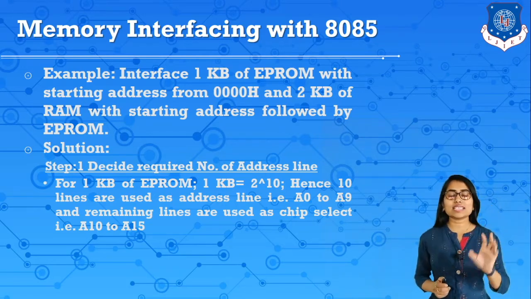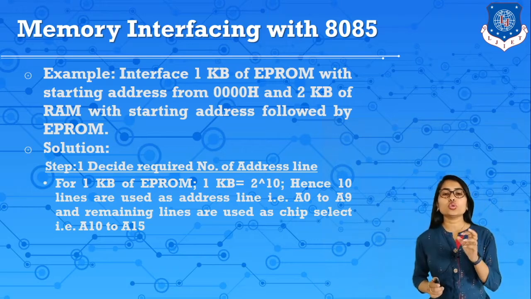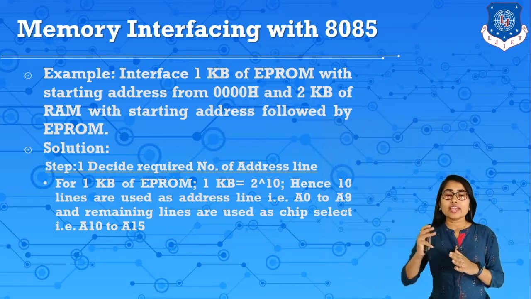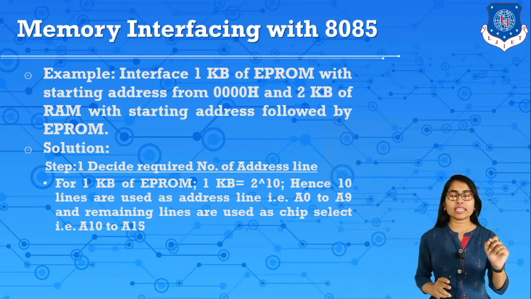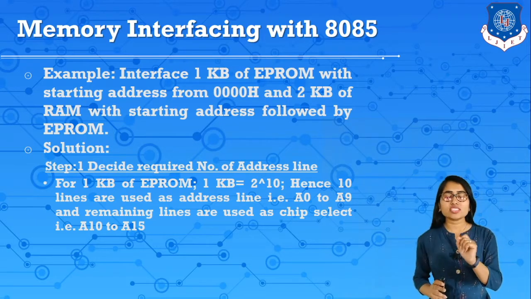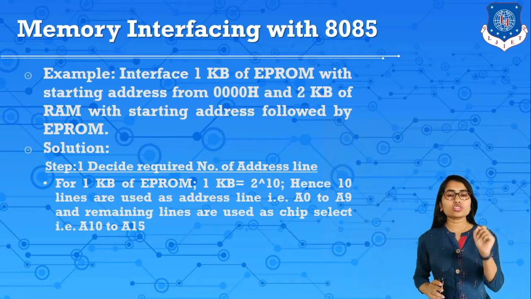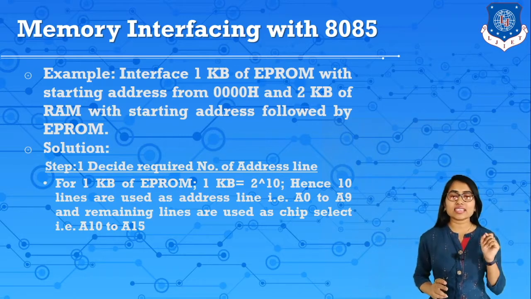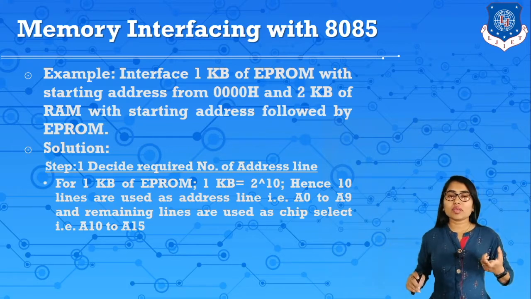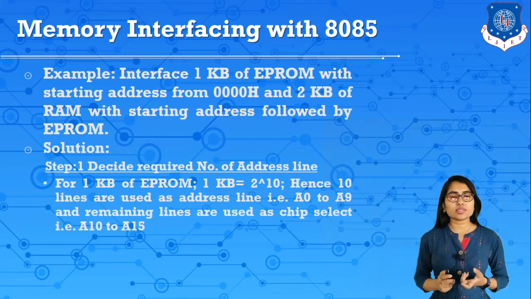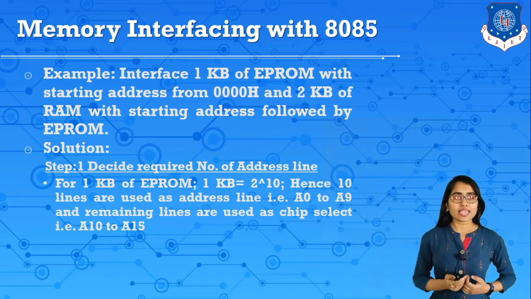Hence, 10 lines are used as address lines, that is A0 to A9. The remaining lines are used for chip select, so A10 to A15 are used for the chip select logic.